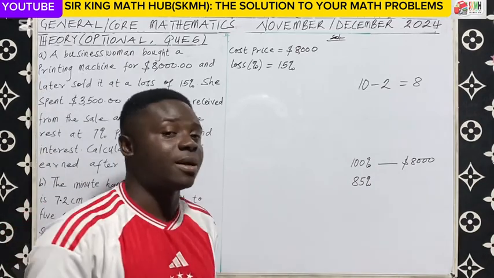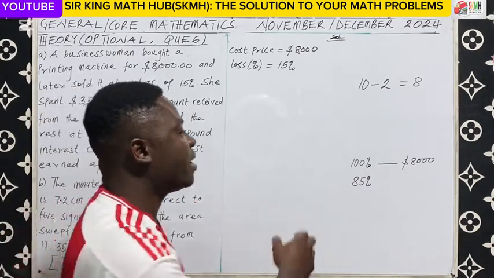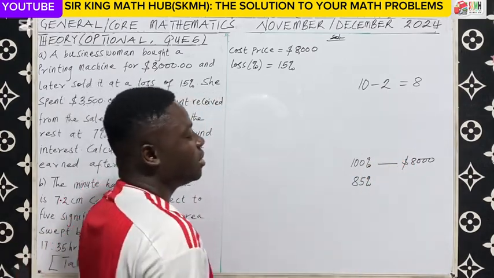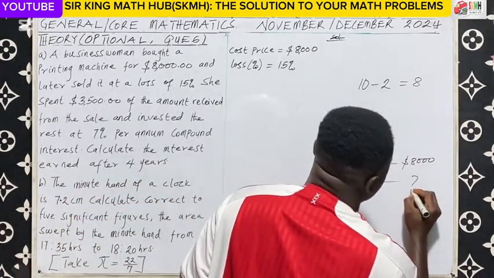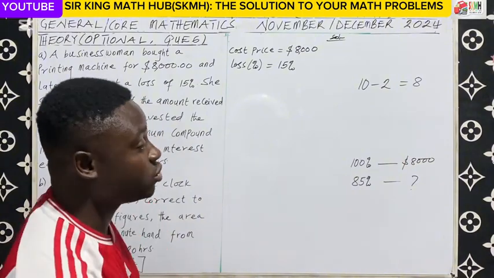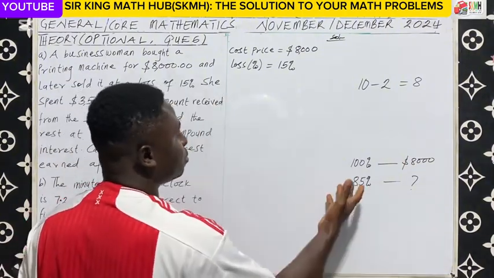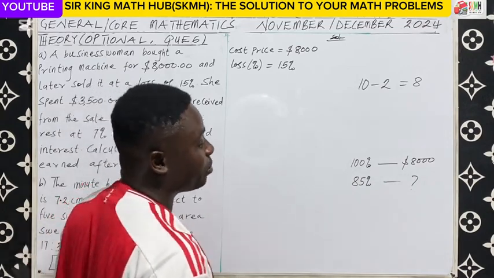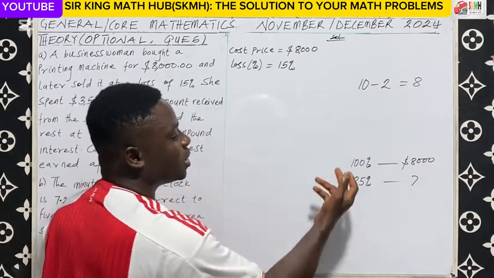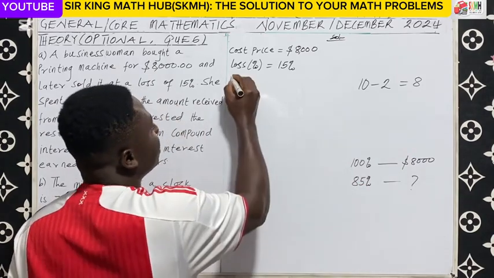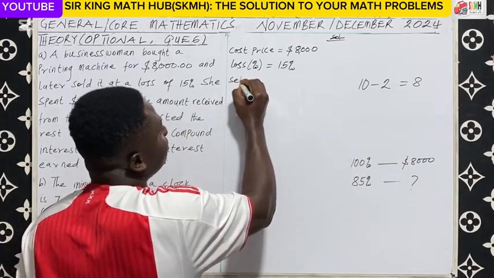So at this point, we can apply a proportion. If 100% corresponds to $8,000, then 85% must also correspond to a certain amount of money of which we don't know. So with this, we can apply proportion, as I said. So if less, then more will divide. So with this, we can calculate our selling price.